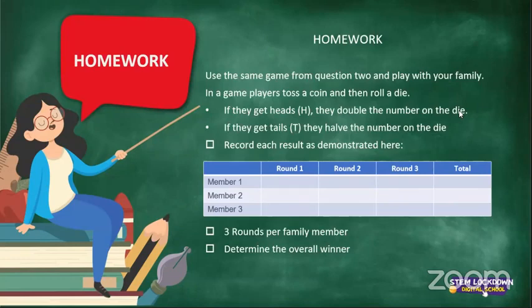Anybody? There we go. Cassie. Very nice. We'll get 10, yes. If I flip the coin, it lands on a head, and I roll 1, what score do I get?